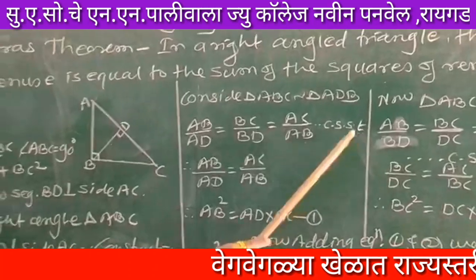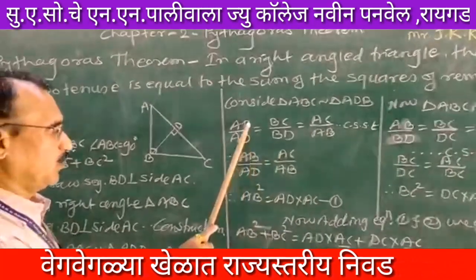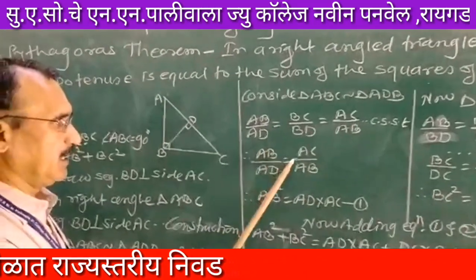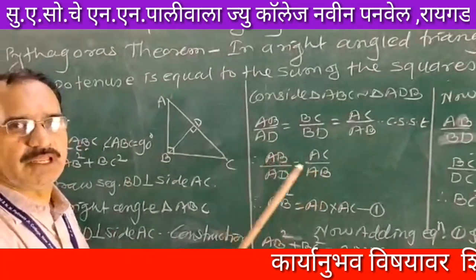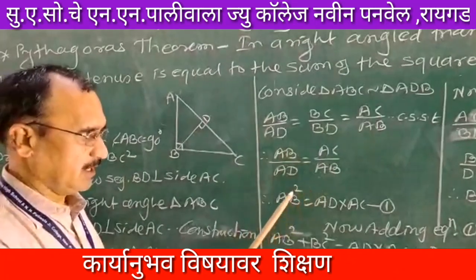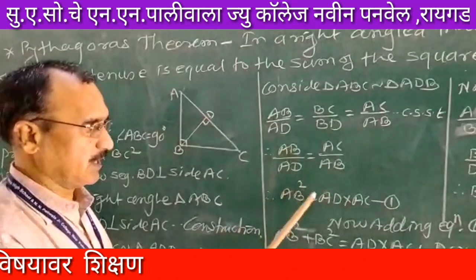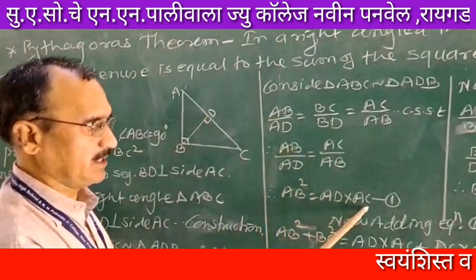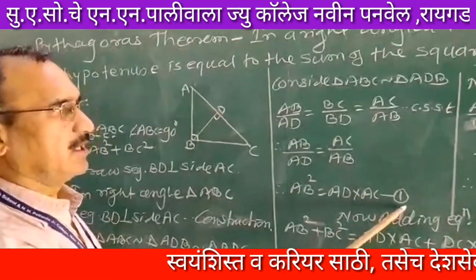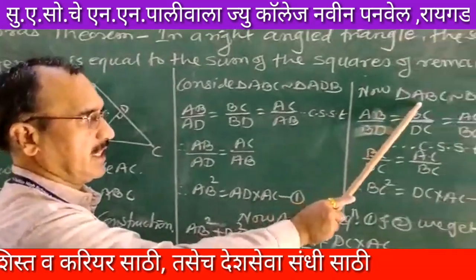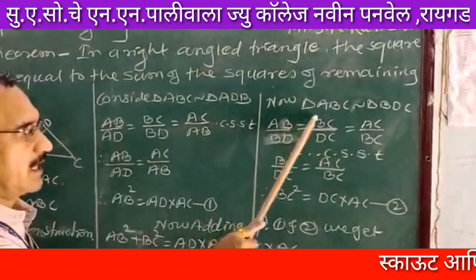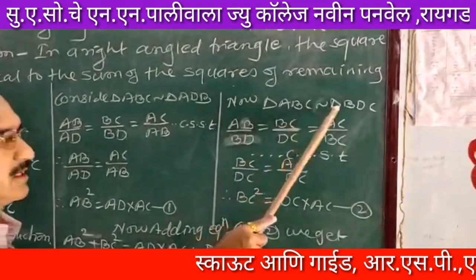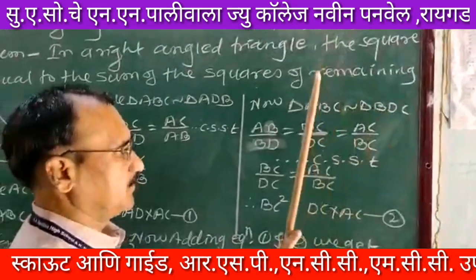This is the reason. Here we can take only AB upon AD is equal to AC upon AB. Now cross multiplication: AB into AB is AB square is equal to AD into AC. This is the first statement.